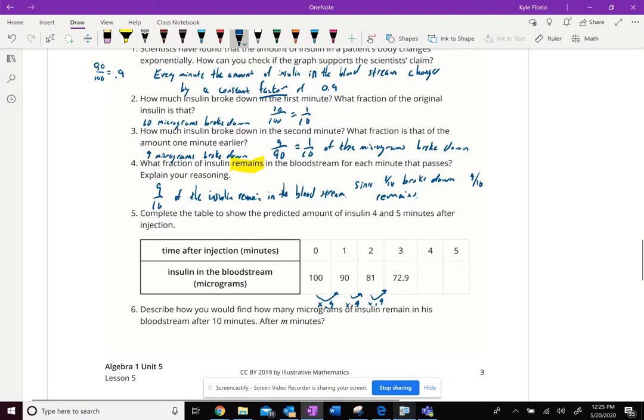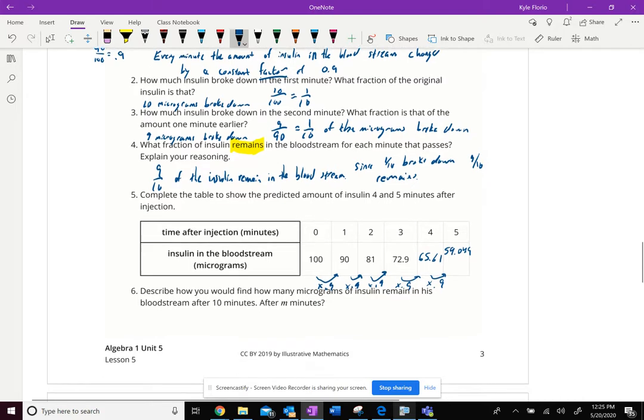So 72.9 times 0.9 gives me 65.61. And multiply that by 0.9 again, 90% of that is 59.049.